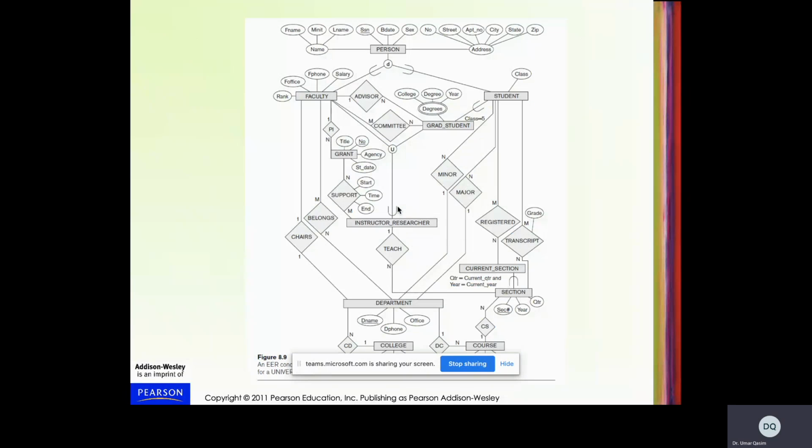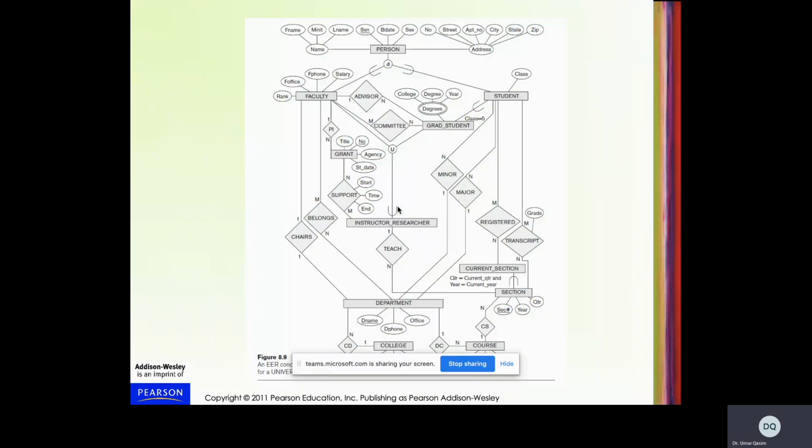There are a few more examples. In this case, look at person, student, faculty, and instructor-researcher. Now an instructor-researcher could be a graduate student, and the person could also be a faculty member.